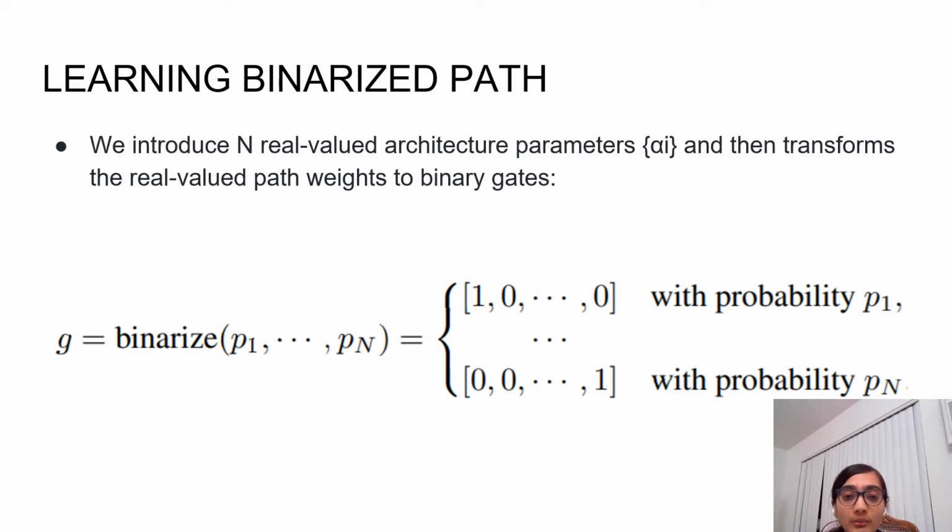So for a particular architecture parameter, we transform that path weight into binary gates for all the n parallel paths. So we have 1 to n parallel paths. We consider 1, 0 up to the number of edges or the paths in the particular network, considering its probability and finding out the binary gates.